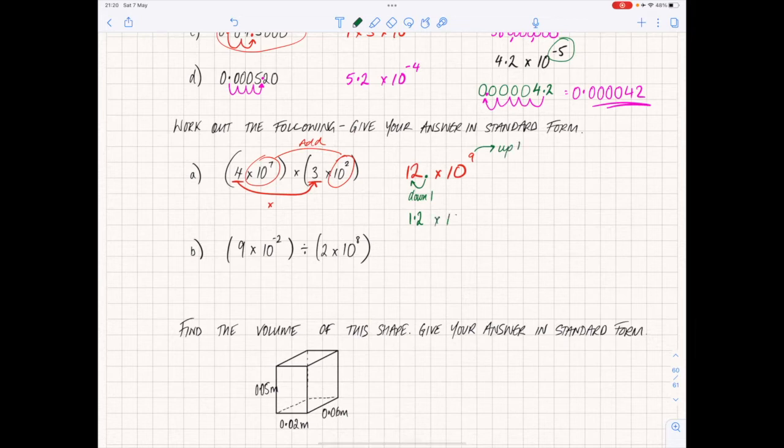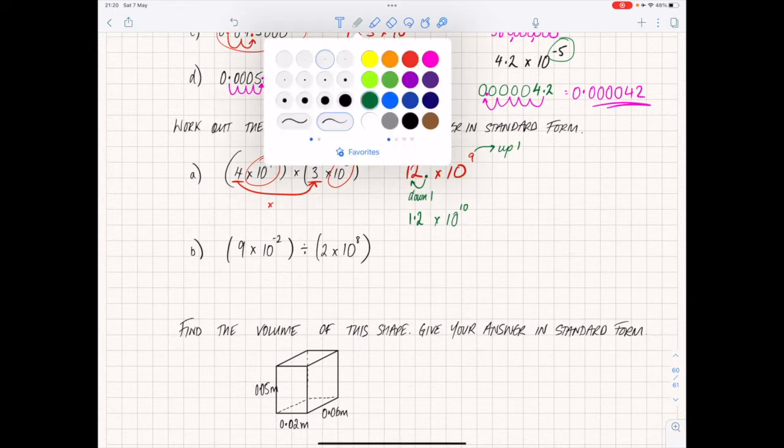So it now becomes times 10 to the power of 10. Okay, so if when you work this out, you notice that this number here is above 10, you need to move your decimal down 1, which means you then need to push this up 1. And if it turns out that your decimal here is actually less than 1, you would have to go up 1, which means you then go down 1 here. I'll show you at a later date what that looks like.